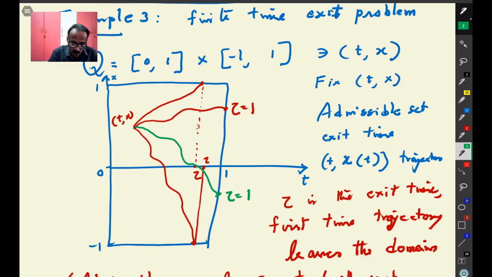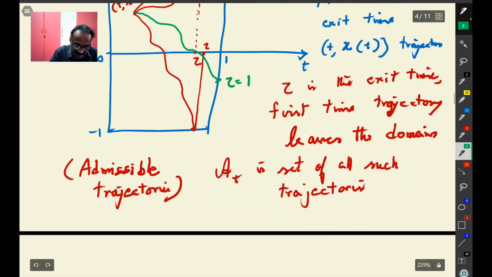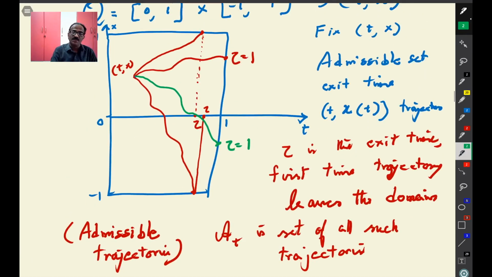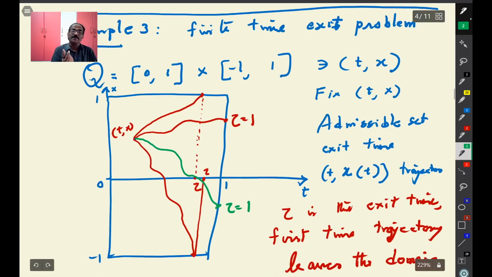Okay, so I will continue. I will describe a minimization problem on this domain, what is called a first exit time problem, exit time minimization problem, and we'll continue this example, and with respect to that example, we will actually solve that problem and see that we introduce what is called the value function, which I described.